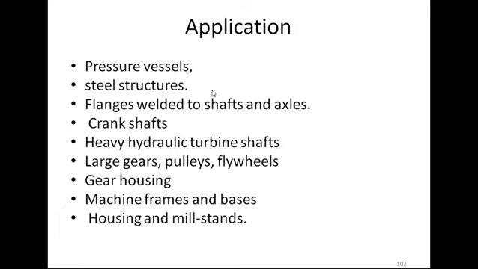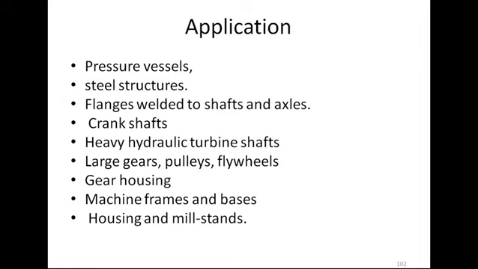The first one is the pressure vessel. In a pressure vessel we can do welding. Then steel structure, where we also do welding. Then flanges welded to shaft and axle. Then the crankshaft. Then heavy hydraulic turbine shafts.